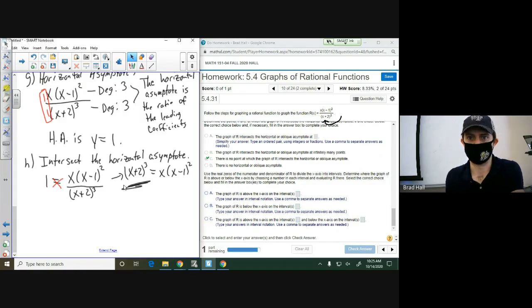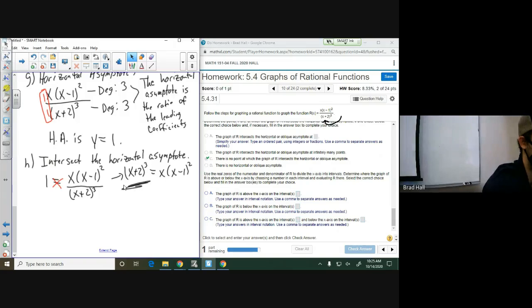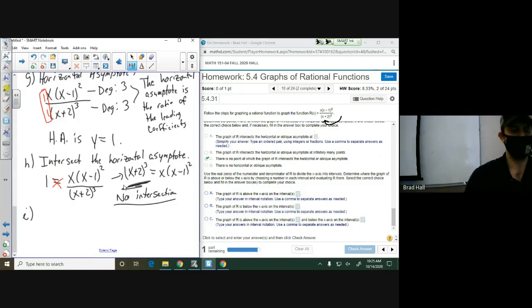We'll move on to do the number line test as we did in the last problem. This number line test requires us to find the zeros of the numerator and the denominator.